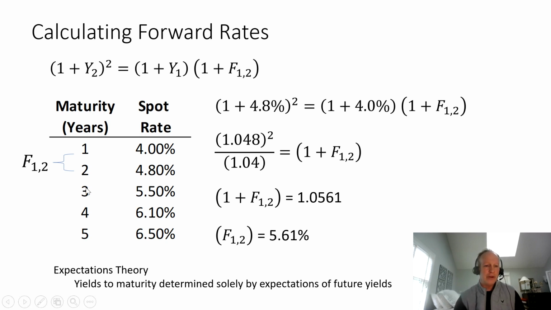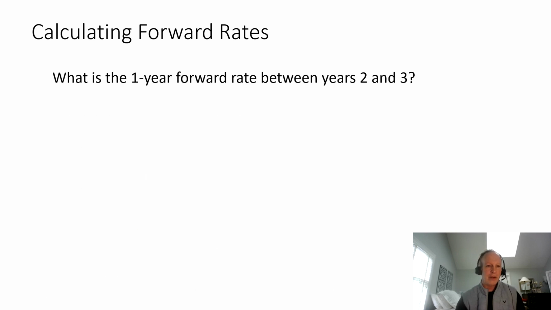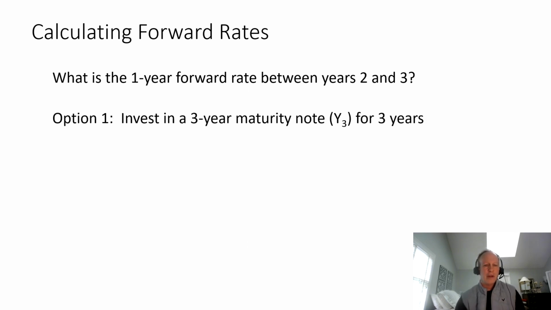So let's do it between years 2 and 3. That may seem a little bit more complicated, but it's pretty much the same math, with a little nuance here. So let's ask the question, what is the forward rate between years 2 and 3? Well, in this case, the first option is let's just lock in that 3-year note today, invest in a 3-year maturity note for 3 years.